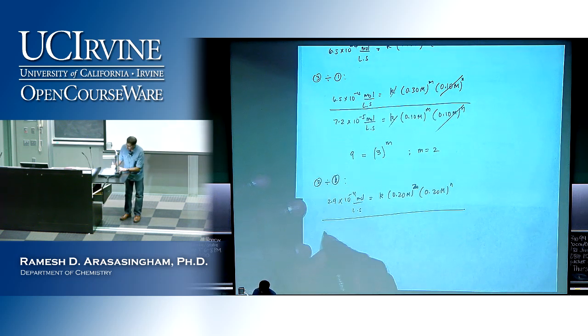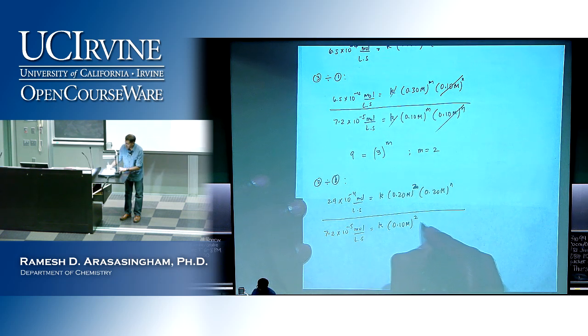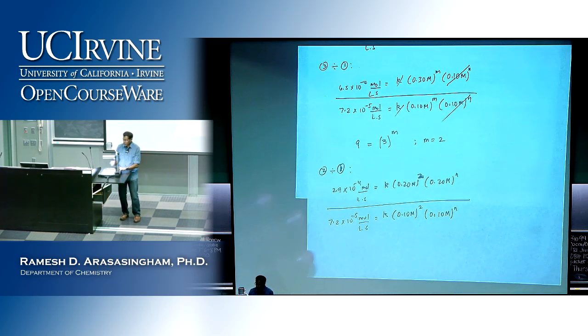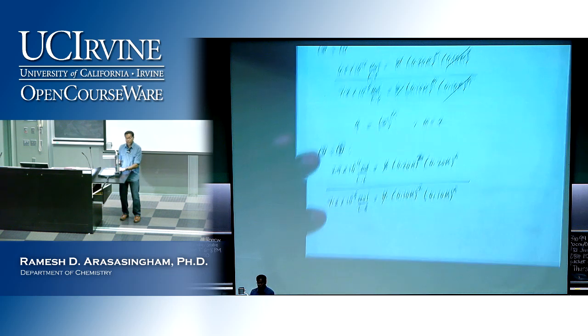And I'm going to divide by 7.2 times 10 to the negative 5 moles per liter per second equals K times 0.1 molar squared, because it's second order in SO2, which is m. And this would be 0.1 molar in n. Okay? So K and K will cancel out.